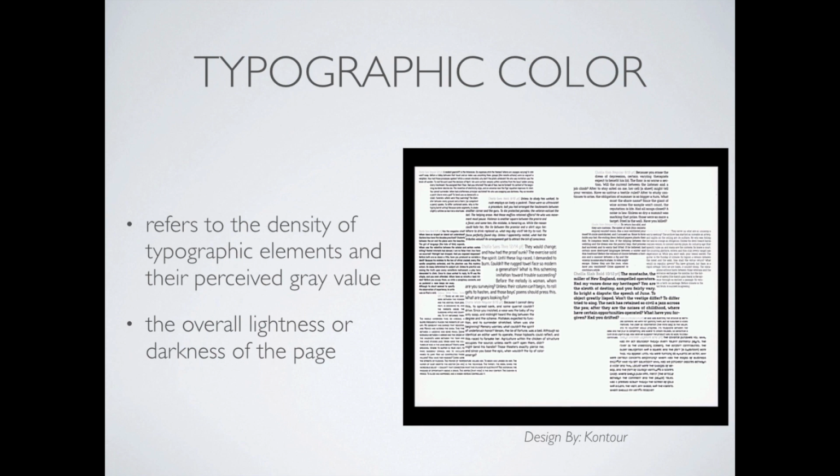Certain paragraphs appear darker than other paragraphs. So the truth is that that paragraph is a graphic element in the page. It's something that has weight. It's something that can counterbalance a photograph. And so as you start to think about that typographic color, depending on the font choice, the size, the style, that can make a big difference in terms of how heavy that block of text feels.